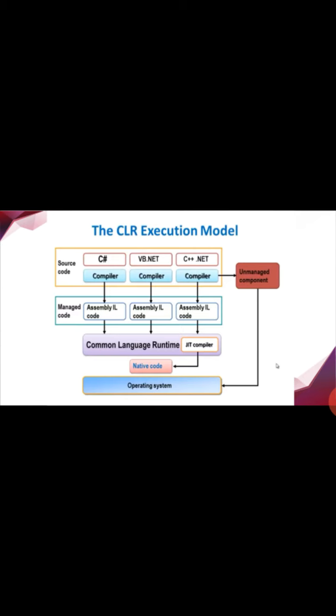To begin with, we have our code, that is our source code, written in a language like C Sharp, VB.NET, C++.NET or another language. When your code is written in this programming language, the language contains its own compiler.